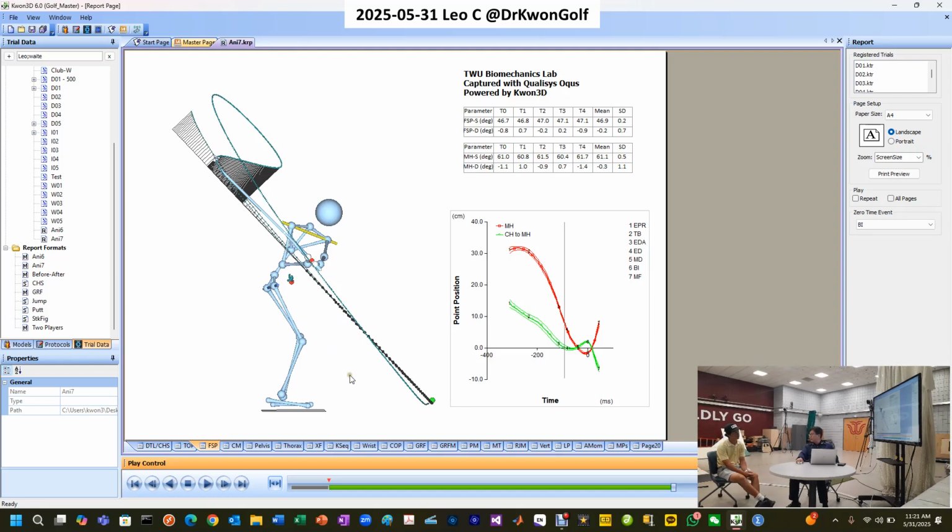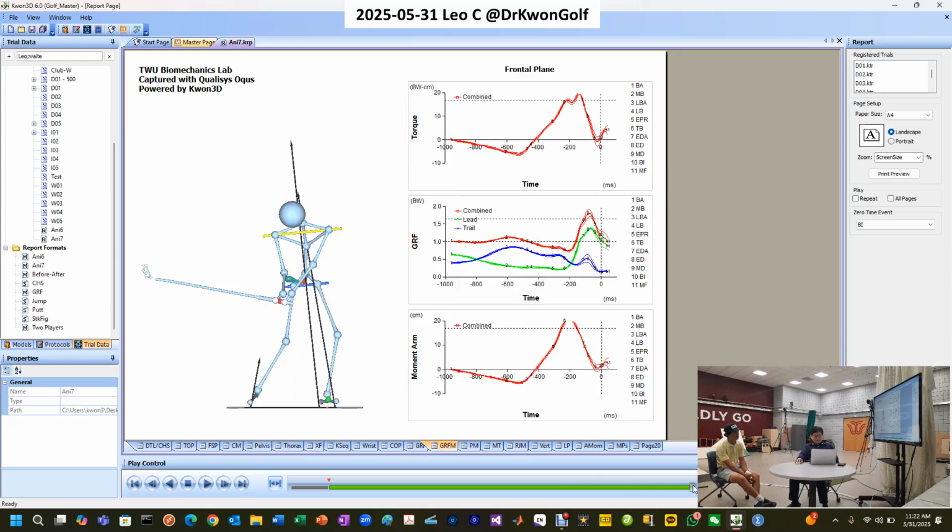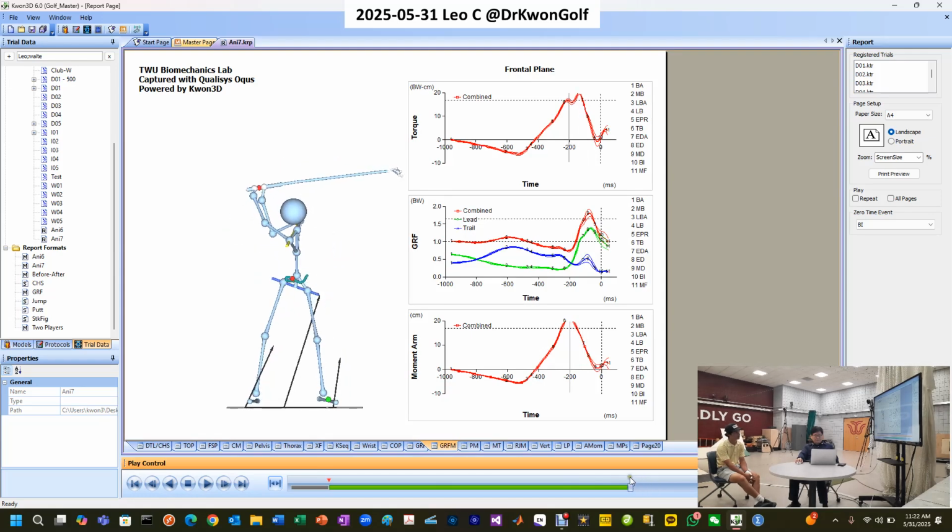It's flatter than yours, right? So the club head quickly moves toward the swing plane earlier here. And also in the front plane, you will see the size of his backswing here. The club rotates a bit more, right?